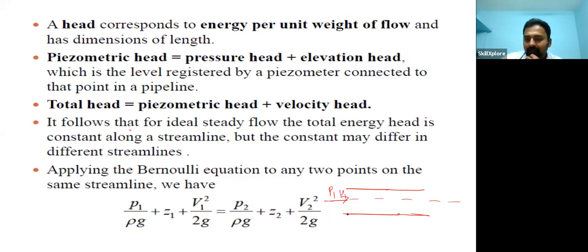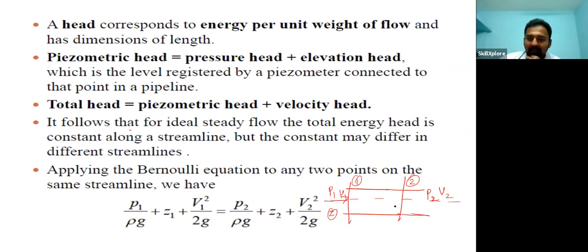Since the flowing fluid is perfectly horizontal, there is no head value, that is datum. There is no height difference between point 1 and point 2. In this condition, P1 is equal to P2, and V1 to V2.